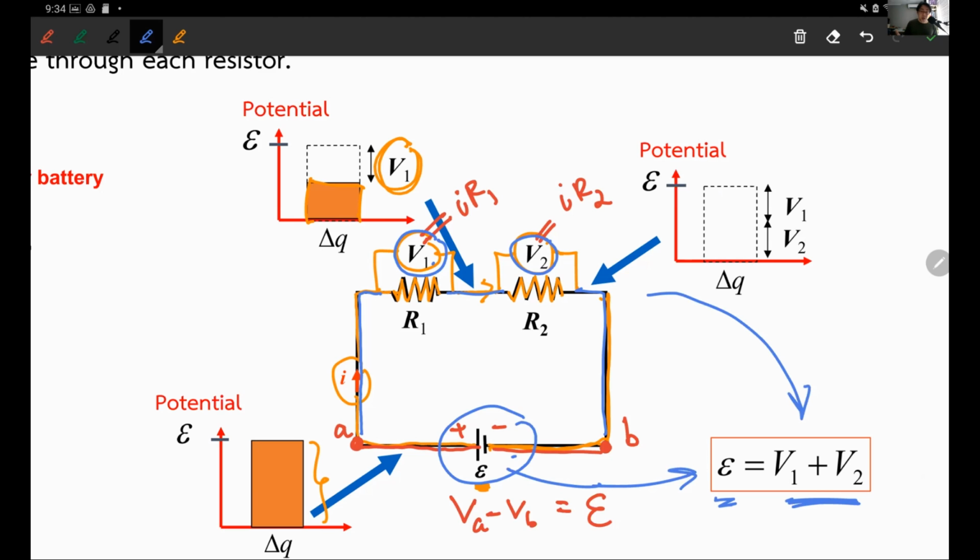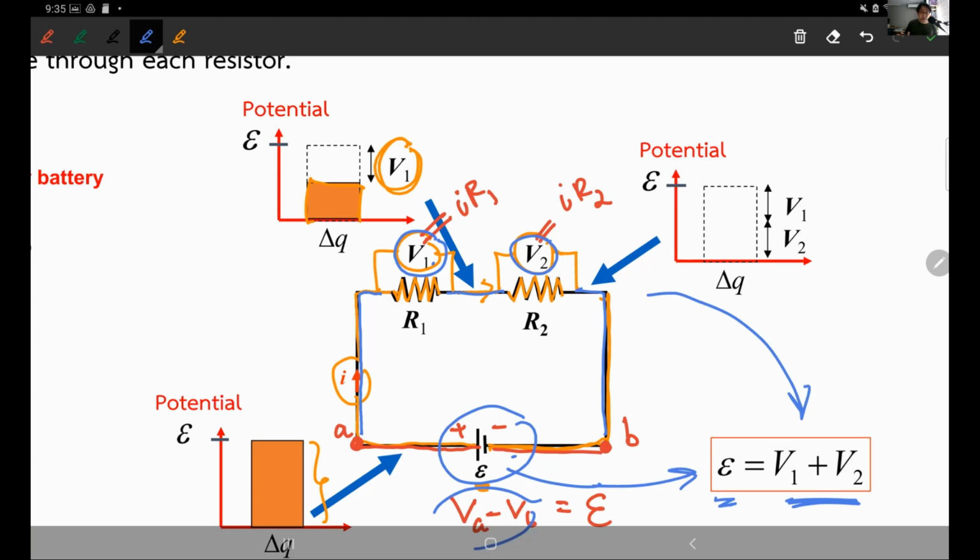But no matter which part you're talking about, it's still the potential difference from A to B. So you equate these two paths and you say E equals V1 plus V2. Isn't that nice? Okay. All right. So this is the basics of what we are about to do, the circuit analysis.